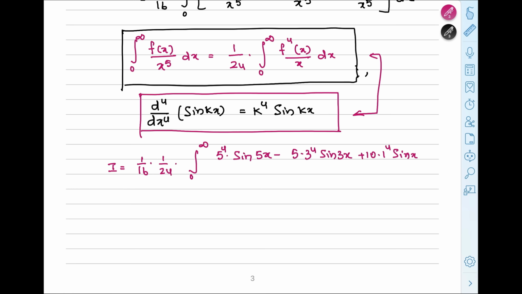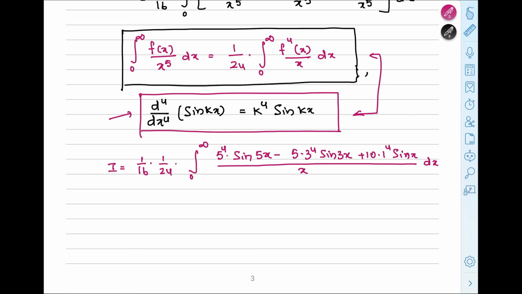We have used these two shortcuts, the whole divided by x dx, because the integral of f(x) by x to the power of 5 dx is equal to 1 by 24 into the fourth derivative of the function, which we have found here, divided by x dx.